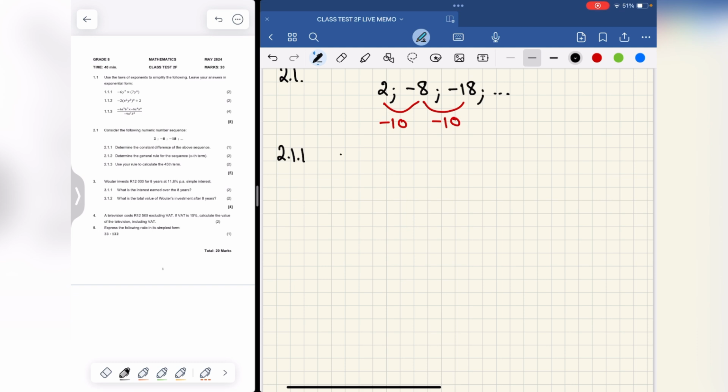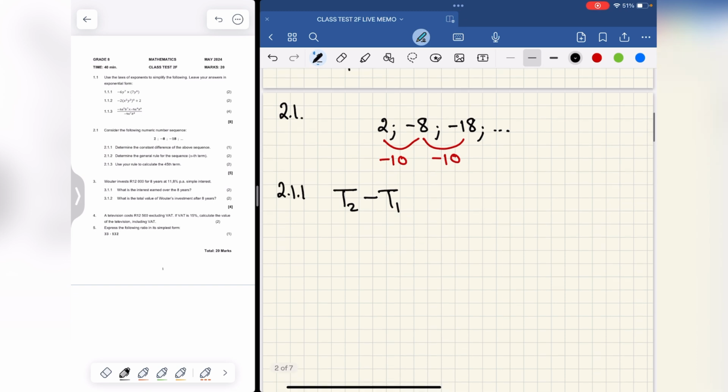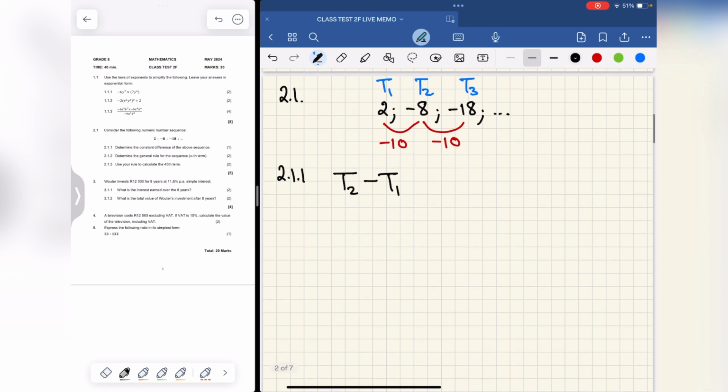Let's say that if I take T2 and I subtract T1, in other words, if I label the terms here again, that's term 1, term 2, and term 3. So what is term 2 minus term 1? Well, that is -8 minus 2.